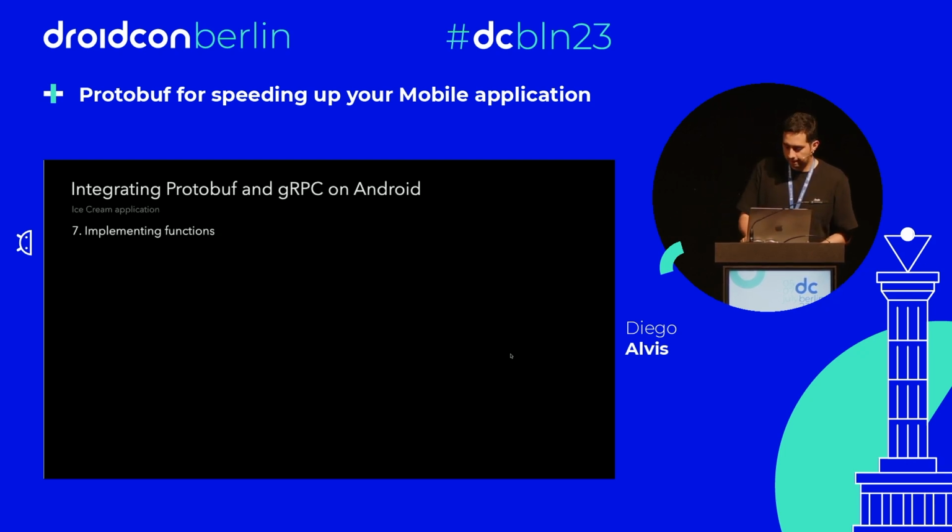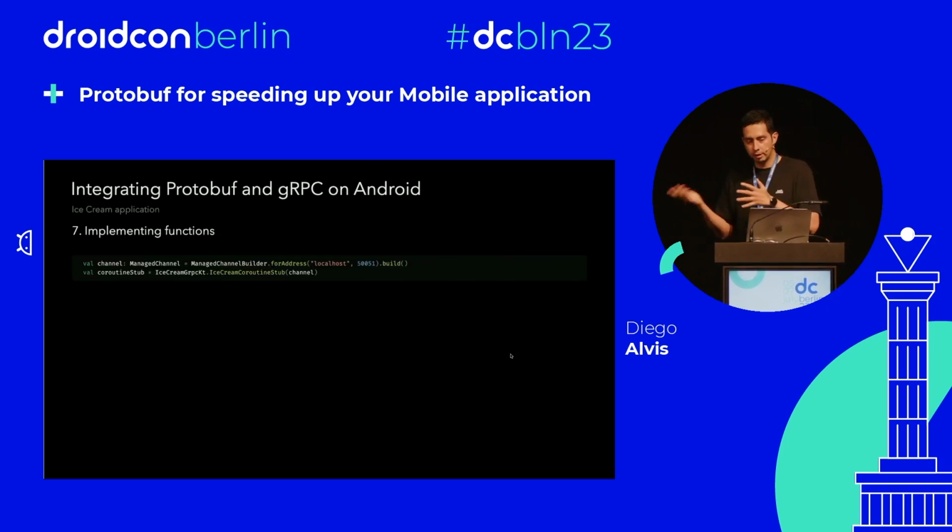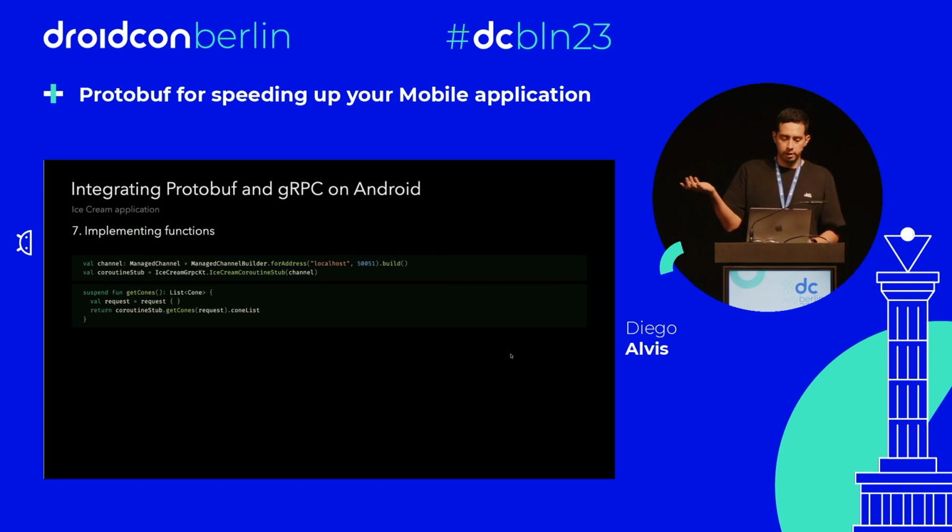Perfect. Then, once we have the channel and the stub, we can define the methods. For this case, I will create the getCones. This request that you see here is a builder provided by the gRPC plugin.